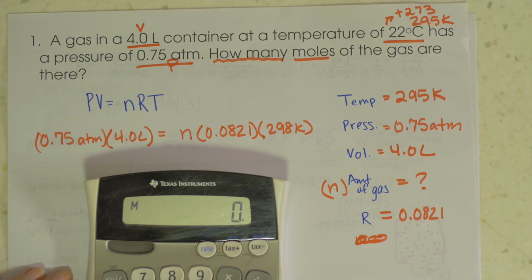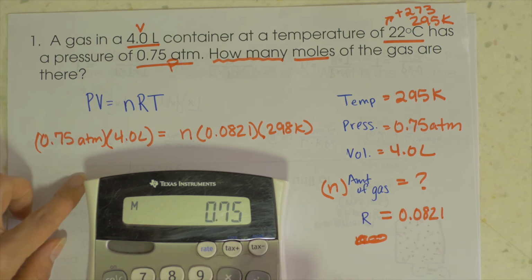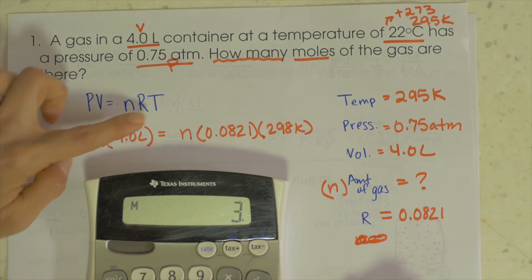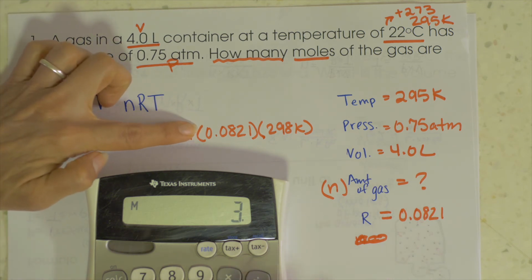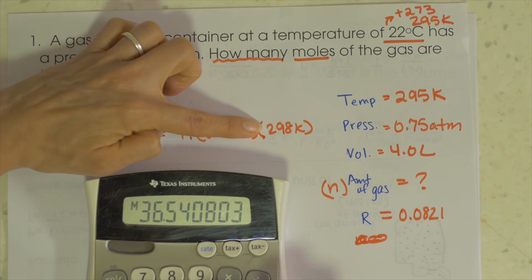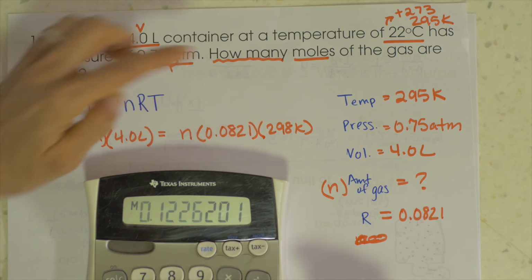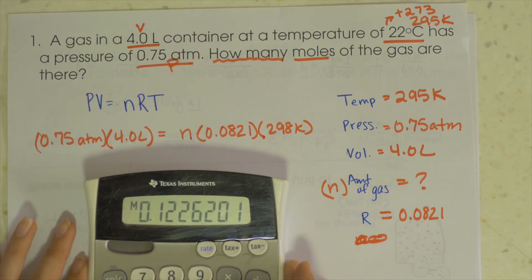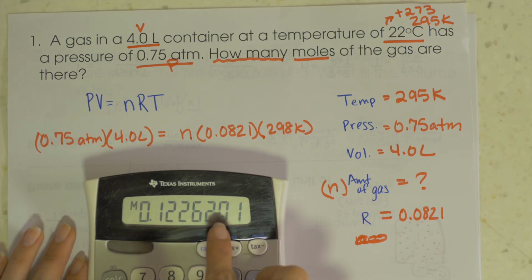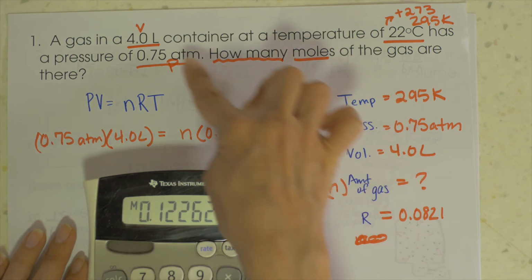Okay, so we'll go 0.75 times 4.0 gives me 3. Then I'm going to divide by 0.0821 and hit equal, and then divide by 298, hit equal just to keep it nice and clean. And then this is what I get in my calculator, and I'm going to be rounding that.